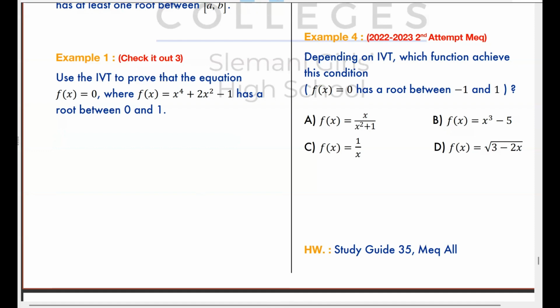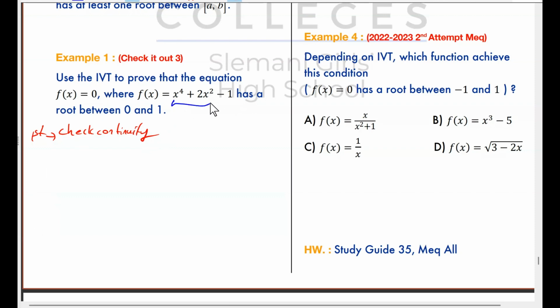All right. So use IVT to prove that the equation has a root between 0 and 1. The first step is always checking continuity. So what kind of function do you see here in the question?